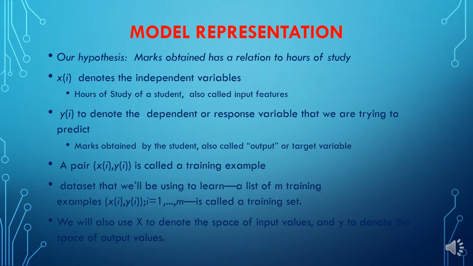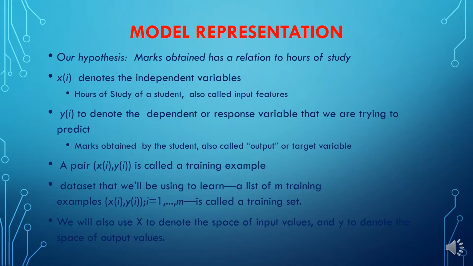Our hypothesis in another case may be marks obtained with hours of study by a student. There is a relationship between a student getting marks in an examination and the hours of study he puts in. Here xi, the x corresponding to the ith student, x1 for the first student, x2 for the second student, and so on, denotes the independent variable, that is the hours of study of the student. yi denotes the marks obtained by the student.